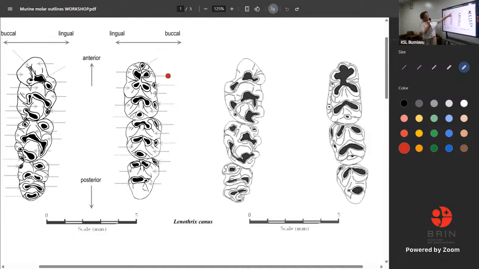So we've got ACEN, ABUC, ALING. And that's the only slightly complicated bit with the lower teeth. So it's on your sheet. It's the same as what's here, except this tooth doesn't have an anterior central cusp, but I've indicated where it would be.